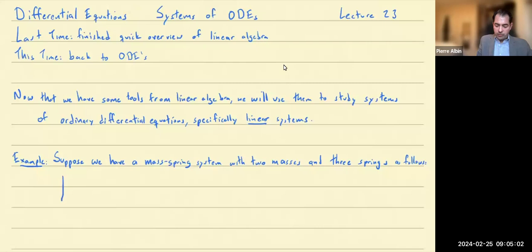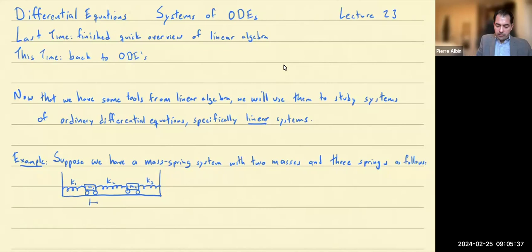So suppose we have a wall and then another wall. And so here we have our first mass. Here we have our second mass. And they're connected to the walls and to each other by springs. This one was spring constant K1, K2, K3.